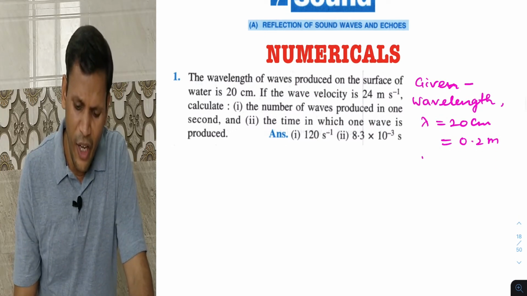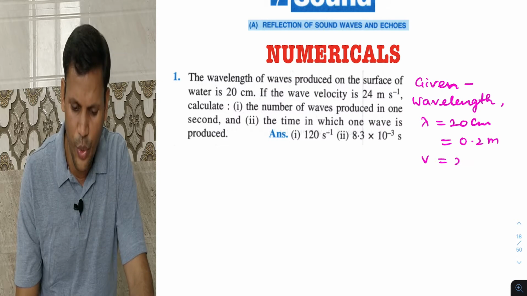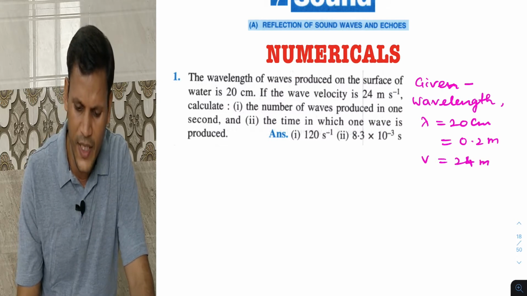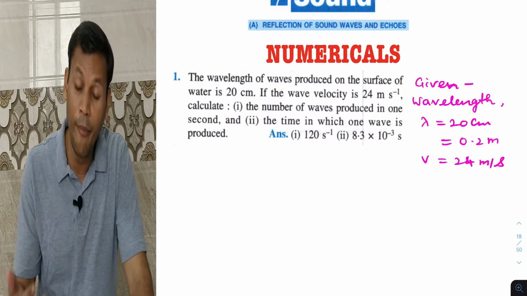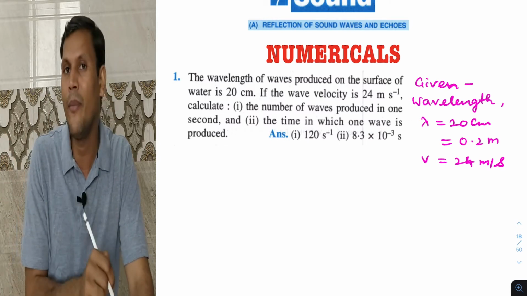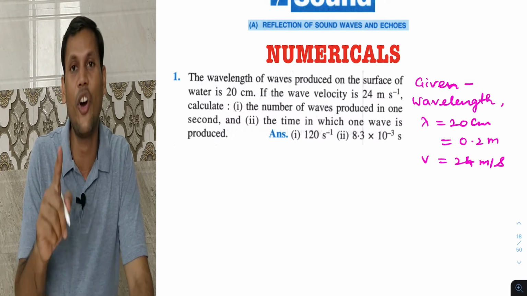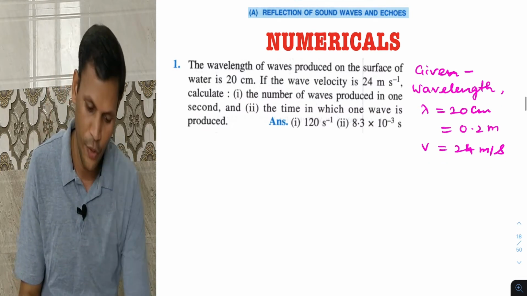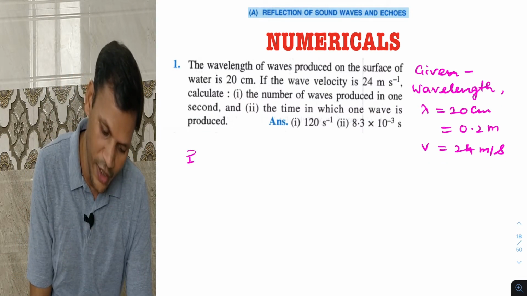If the wave velocity V is equal to 24 meter per second, calculate the number of waves produced in 1 second, and we know number of waves in 1 second is called frequency. So first part we have to calculate the frequency.